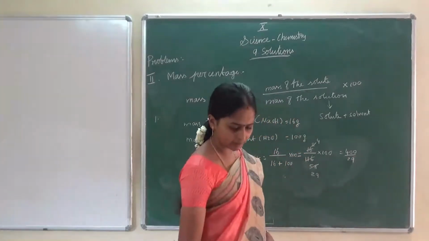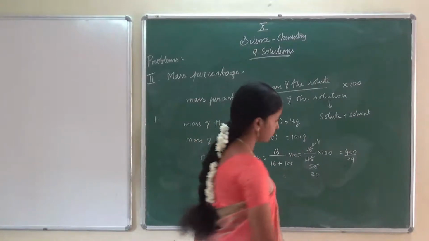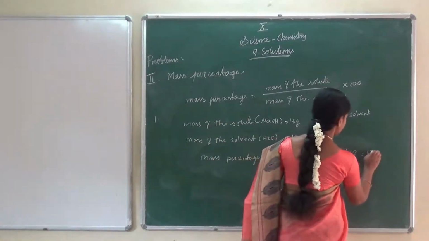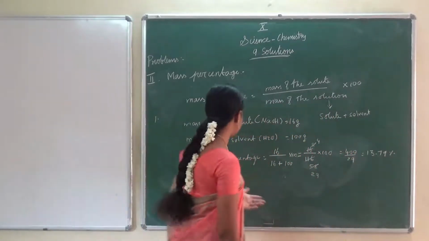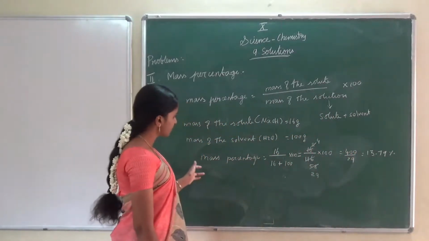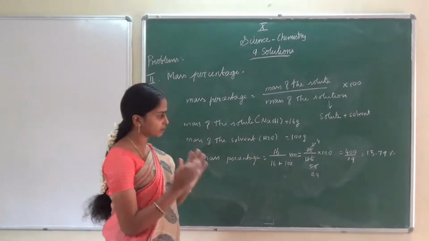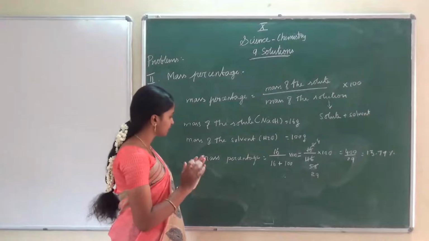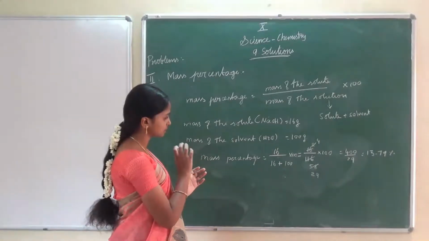So now when you simplify it, further when you are dividing it, finally you will get 13.79. Okay, 13.79% you will get. This is mass percentage of the solute. Okay, in the particular solution, what is the percentage of solute value?